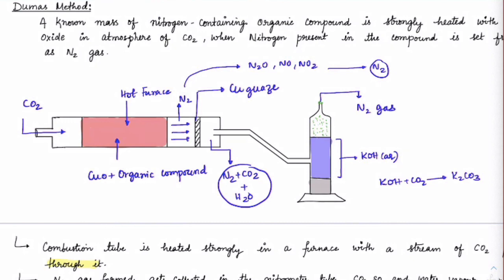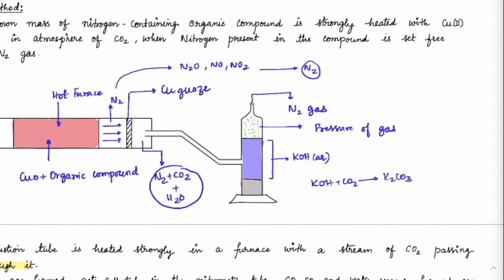But water will also have some vapor pressure, no? So if you calculate the pressure of gases, usually we measure the pressure. When you measure the pressure here, it would be pressure of N2 plus pressure of water also. Some amount of water is also present in it. What do you mean by pressure of water?